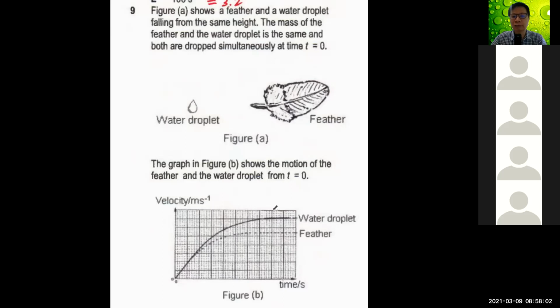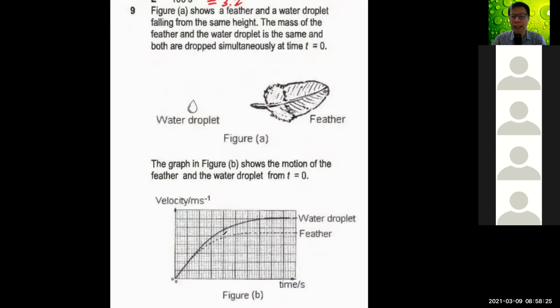So you see the graph. The water droplets, you can see the velocity. This is velocity, right? Velocity keeps on increasing, getting higher, and after that becomes steady velocity. Whereas for the feather, you see the velocity increases at first the same, but after that the velocity increases less.